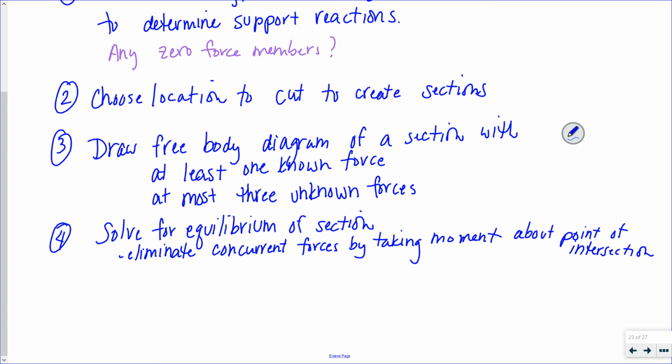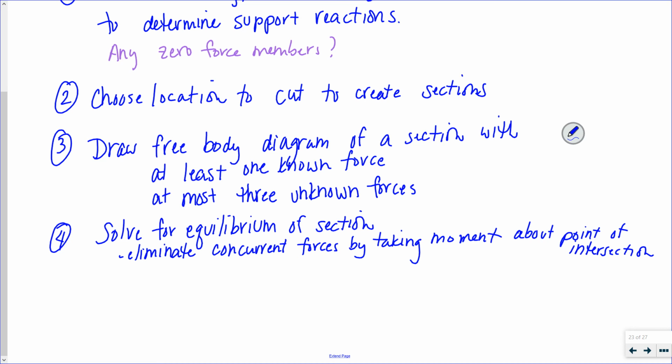If you have a pin, so you have a vertical and a horizontal component to your reaction, take the moment about that so that you eliminate two unknowns, and you could probably just have one unknown. Well, you should, because you're only supposed to have three.